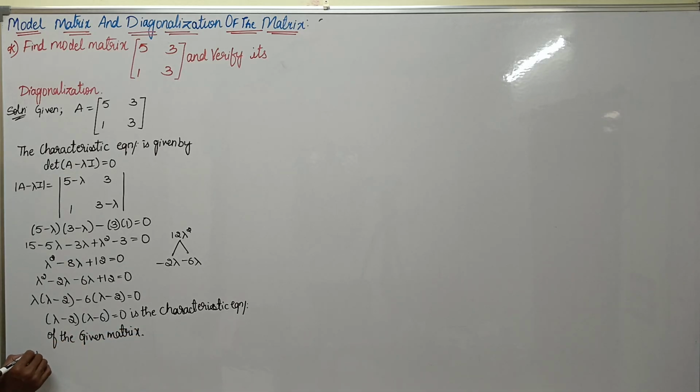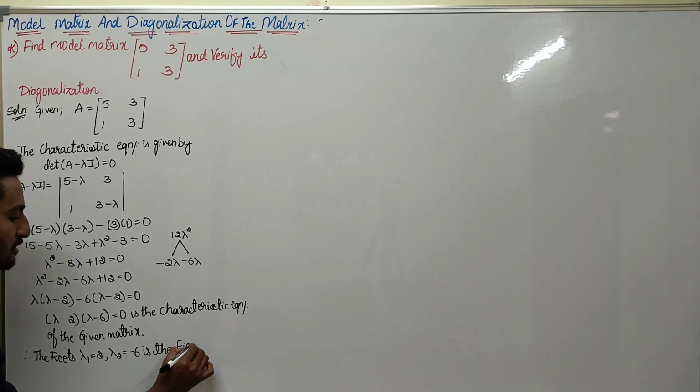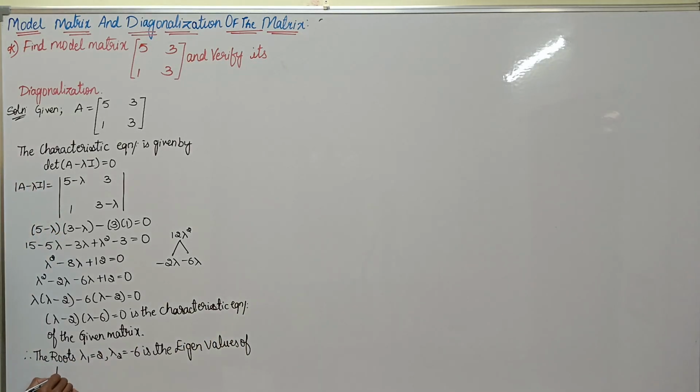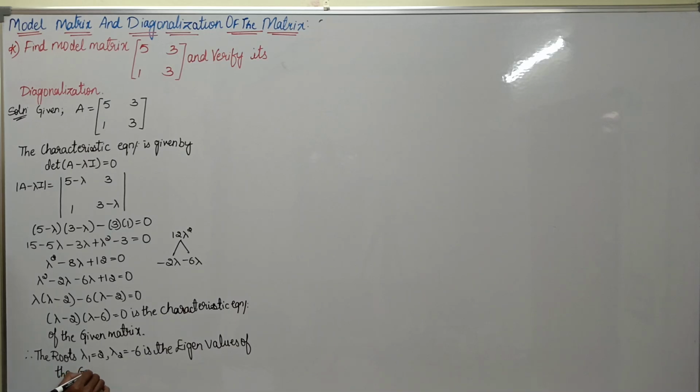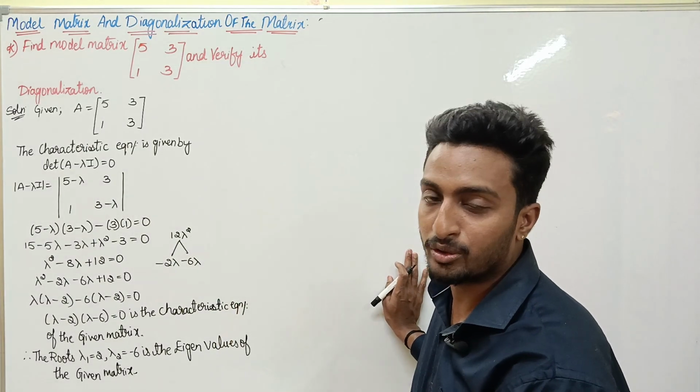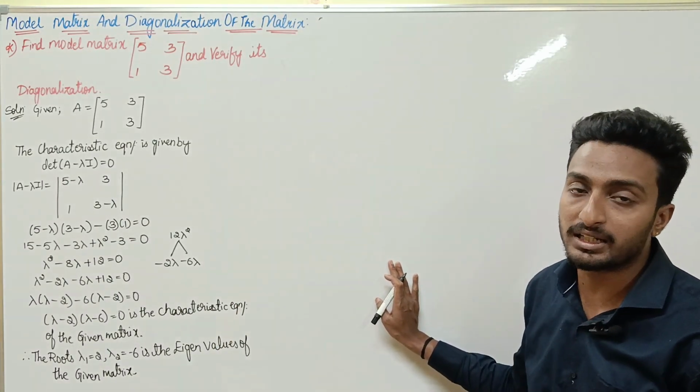Therefore the roots lambda 1 equal to 2, lambda 2 equal to 6, are the eigenvalues of the given matrix.